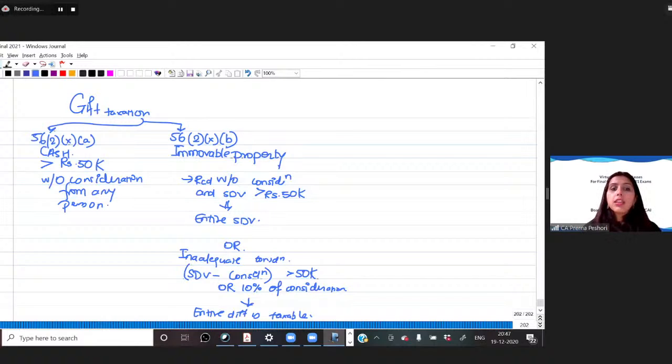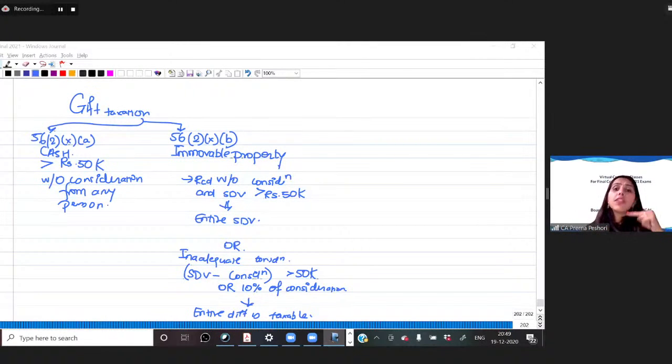Then the third is, so if you receive the immovable property, say for example, the seller transfers at a value which is less than the stamp duty value, and the difference between sale consideration and stamp duty value exceeds 10% of consideration, then in the hands of seller under 50C, you will take SDV.